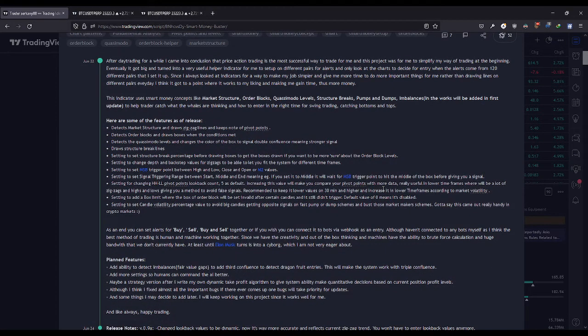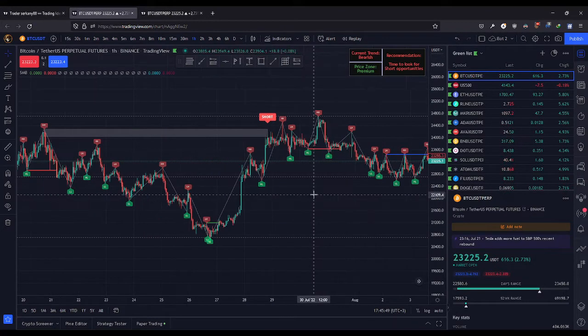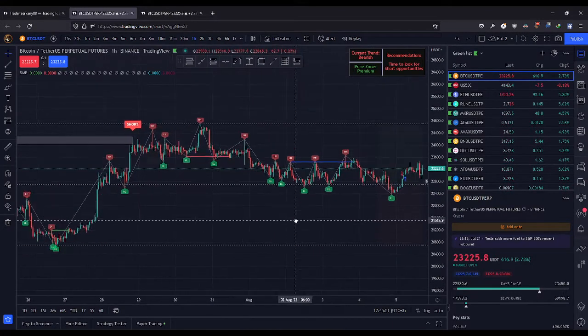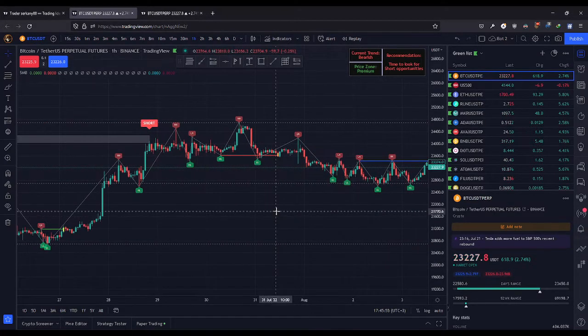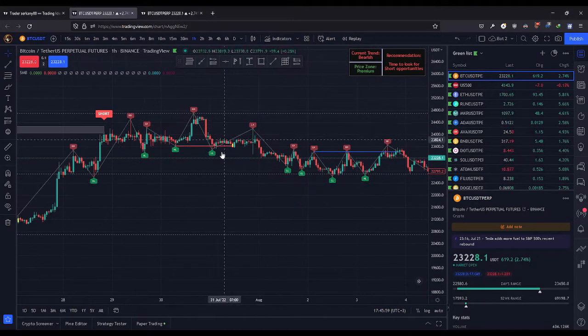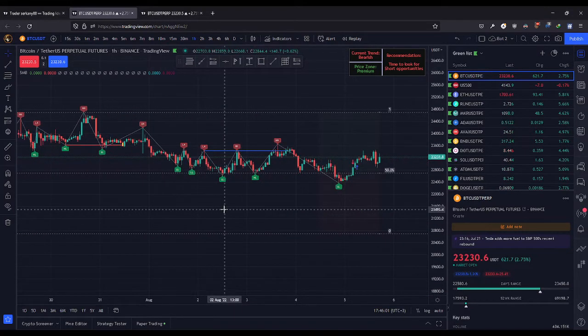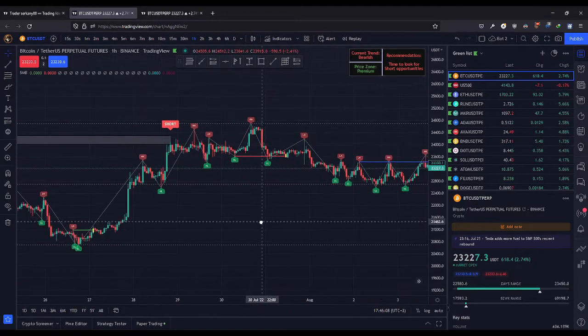Some of the things that are most prevalent is that Smart Money Buster automatically draws all the market structure zigzag lines, and these can all be modified in the settings, as you will see in a moment.